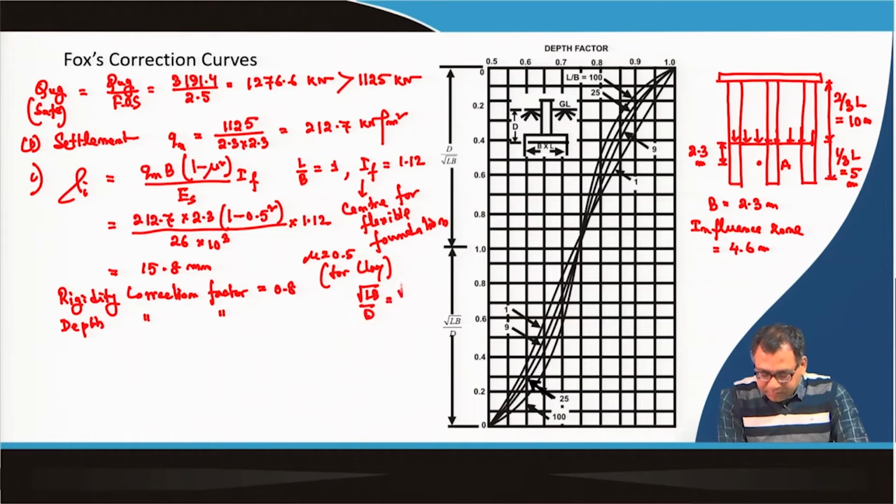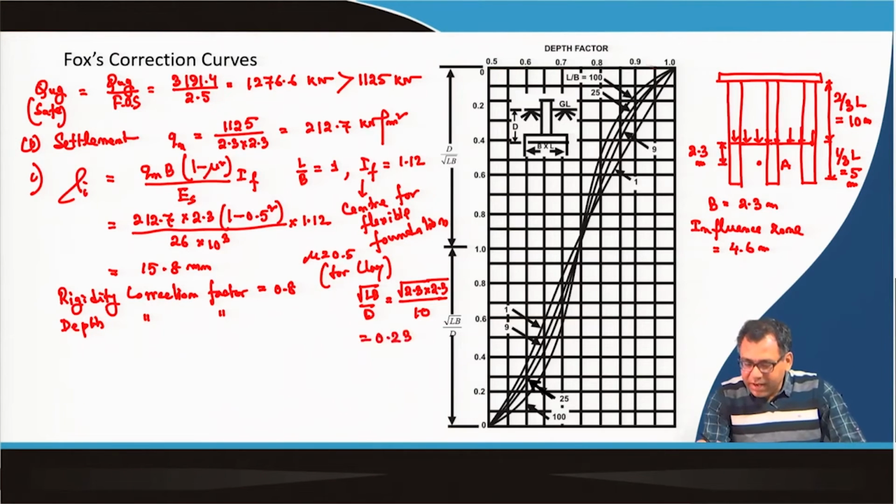So, root over L b is 2.3 into 2.3, and d is the depth of foundation, which is 10 meter, because that is the depth of foundation. So, we can write this is 0.23.